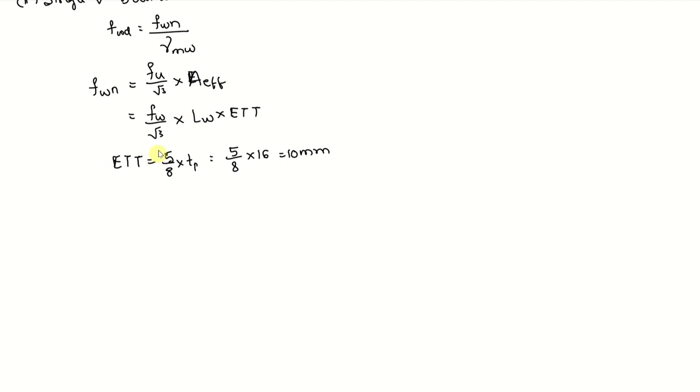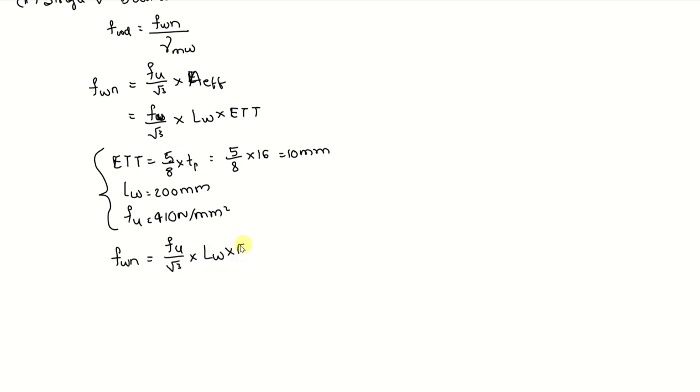So let us try to find out. LW is already given in the question, 200 mm. That won't change. Fu we have already written, Fu is equal to 410 Newton per mm square. Let us substitute everything to find FWN. FWN is equal to Fu by root 3 into LW into ETT.